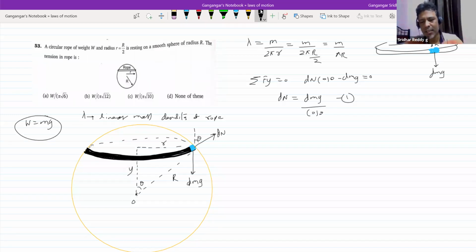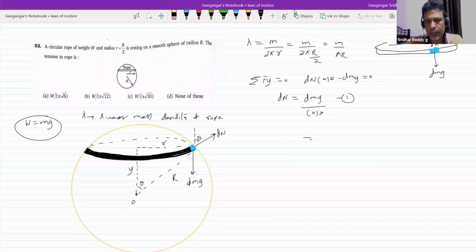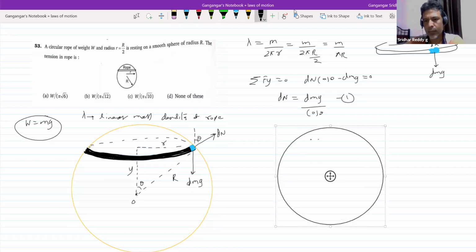Sir, how is the tension set up? So again, we'll take the circle.